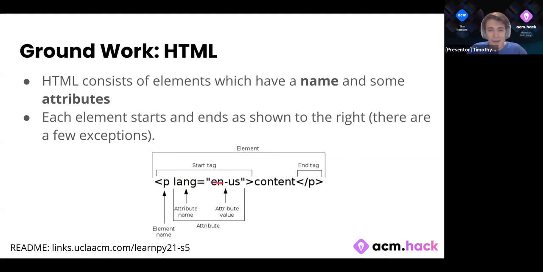And then it has one, or I guess zero or more, attributes, which have a name and a value. The other important thing is that an element will start with this tag here, and then it will end with this slash tag name. One of the big things to pick up, and we'll go over this a little bit more, is that you can have elements inside of other elements. And that is what creates this tree structure.